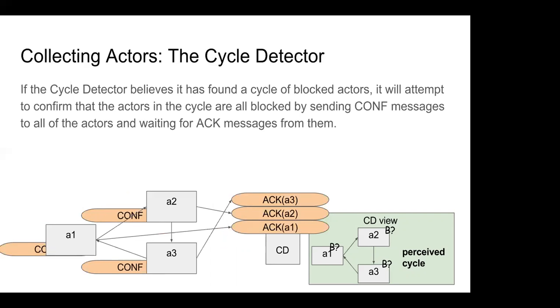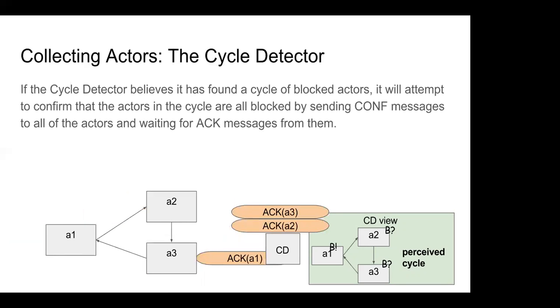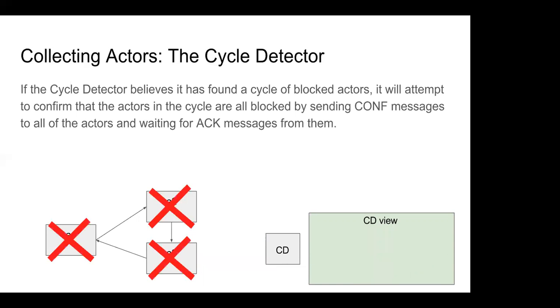If the cycle detector receives ACK messages from all of the actors and doesn't receive any other types of messages from them, then it assumes that they are, in fact, truly blocked. And if it determines that all of the actors in the cycle are truly blocked, then it's a confirmed cycle. And if you have a confirmed cycle, then you can collect all of the actors in that cycle.